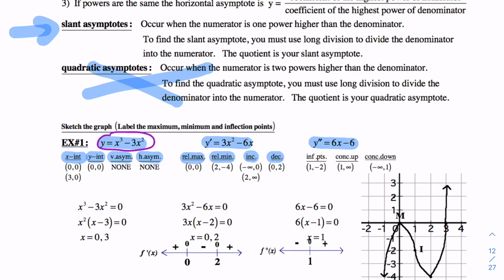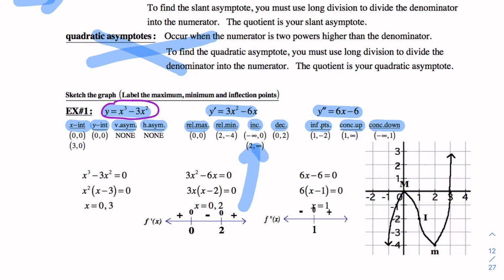From the second derivative, we find inflection points, concave up, and concave down. Those are the sign charts for each one. Based on all this information, we can sketch the graph like this and label all the important points: minimum value, inflection points, max, intersection.